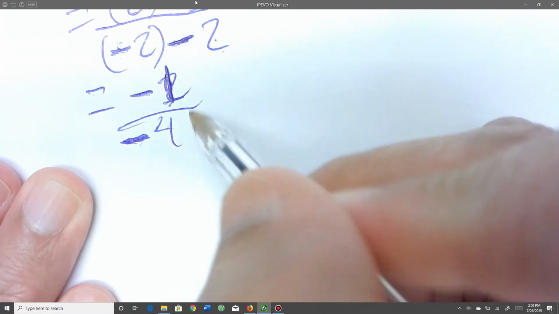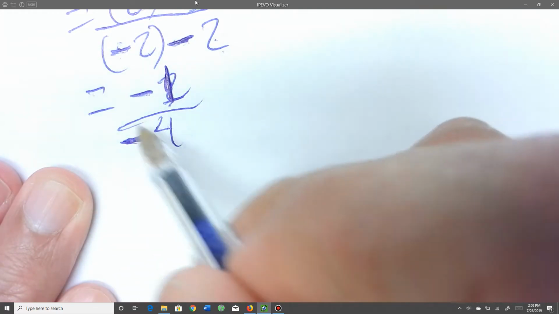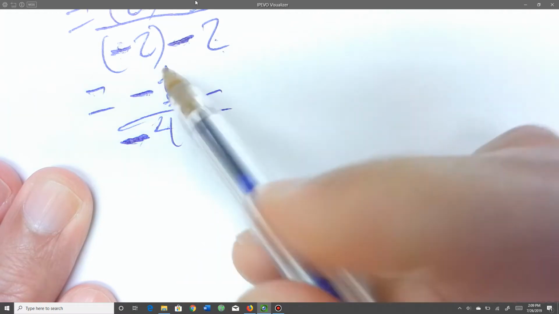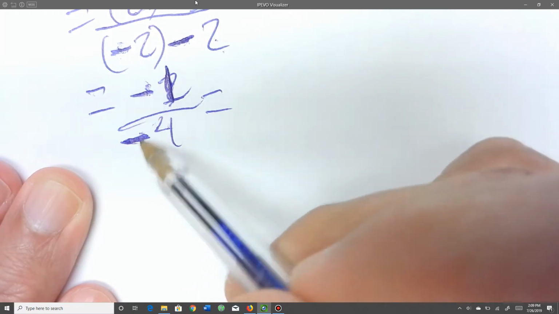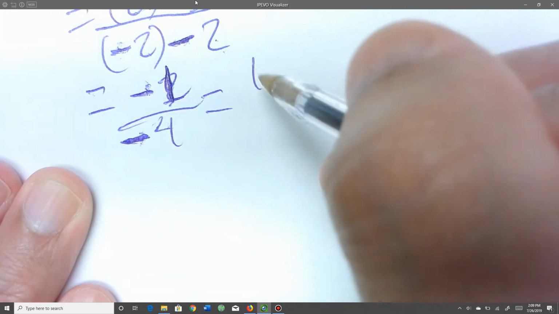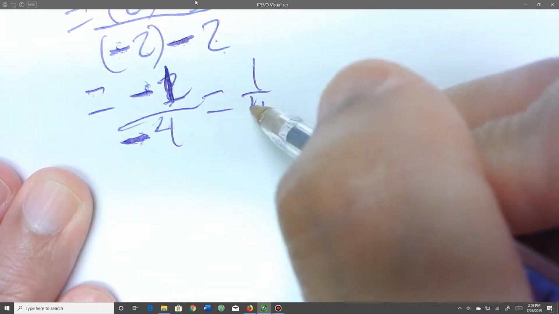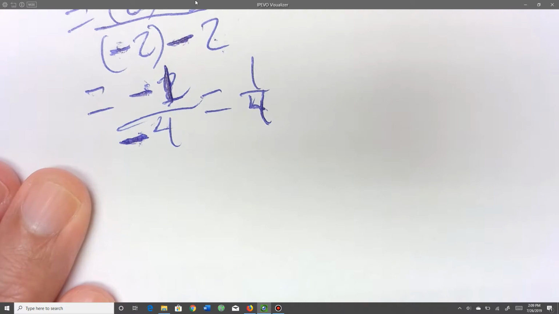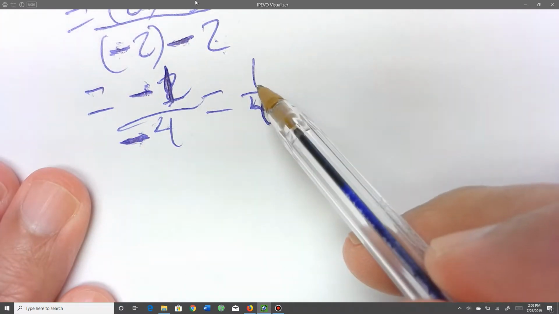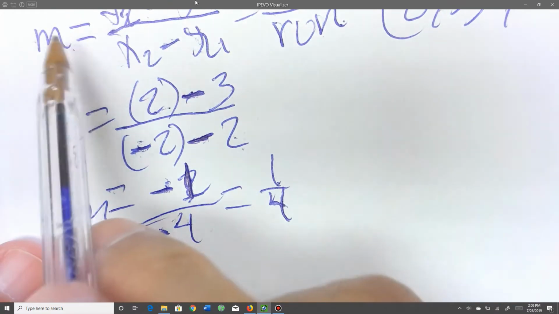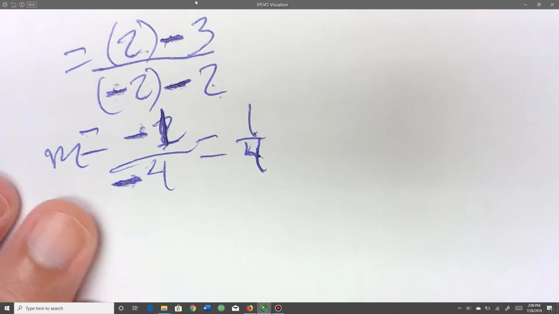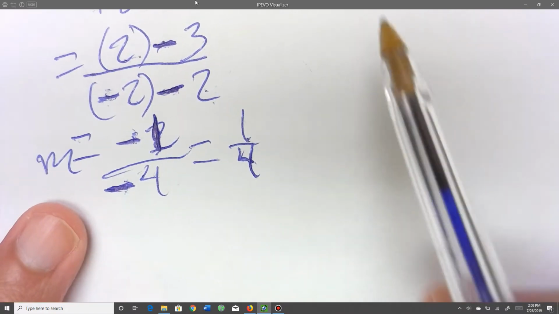We're adding them, not multiplying, and that's a big difference. In this case I can simplify because I'm dividing two negative values, so that turns into +1/4. And now this is our slope. That's our m.